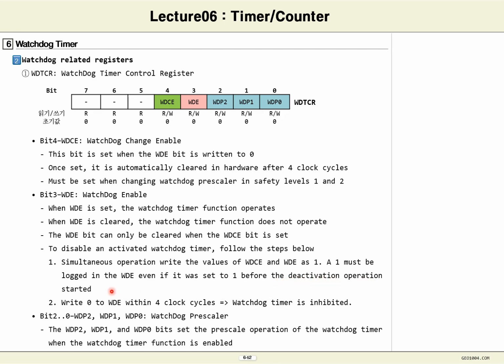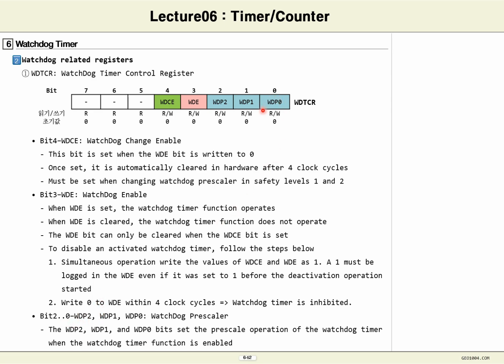Before the disable operation starts, watchdog enable must be set to 1. If the watchdog enable is written as 0 within 4 clock cycles, the watchdog timer will be disabled. We need to disable the activated watchdog timer by these two procedures.